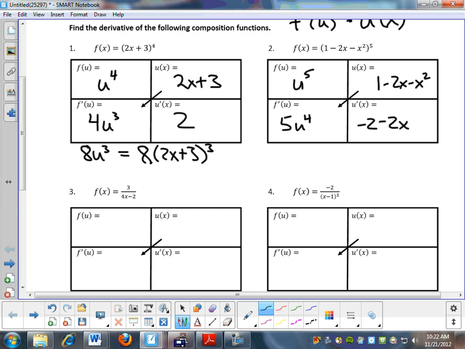Now, I can multiply these together, and I can distribute the 5 to both of those terms. That will leave me with negative 10 minus 10x times u to the fourth. So now I can plug my u back in, and I get negative 10 minus 10x times 1 minus 2x minus x squared all to the fourth power.